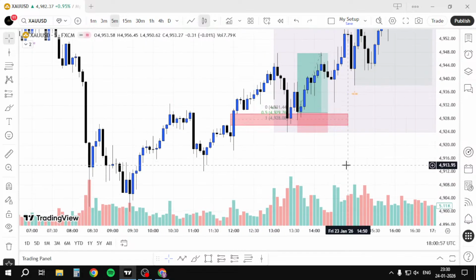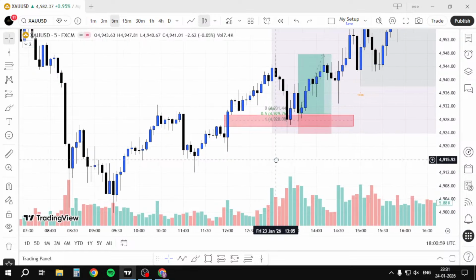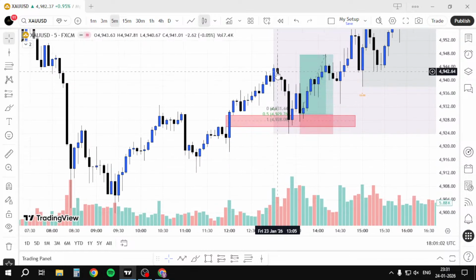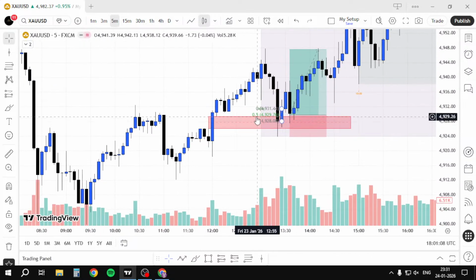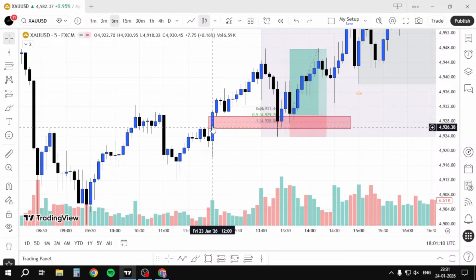Just after this, the liquidity sweep happens, then it fills this FVG.